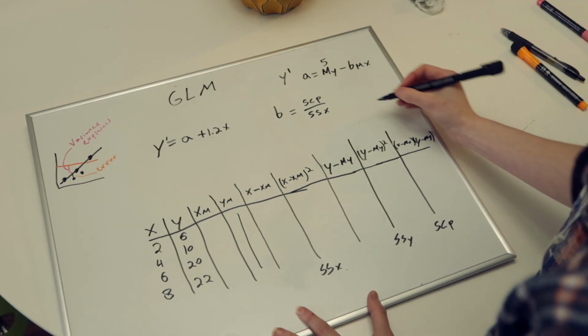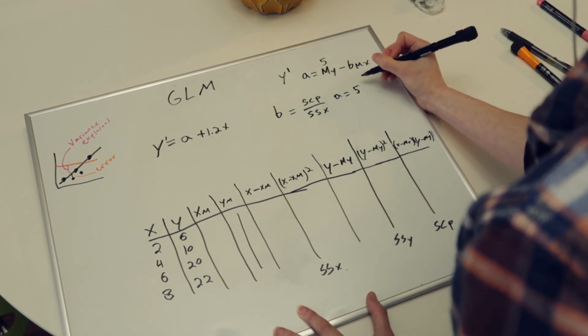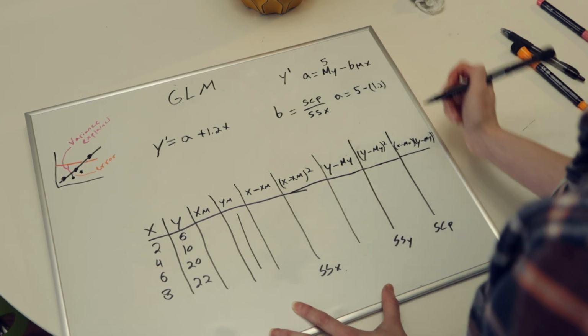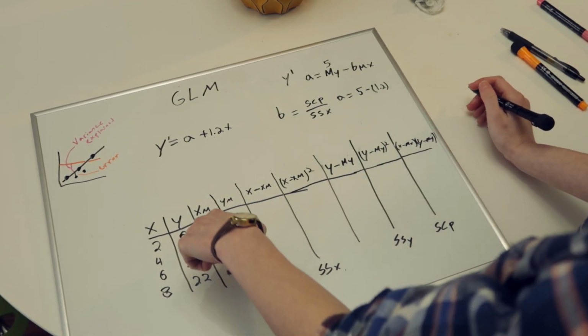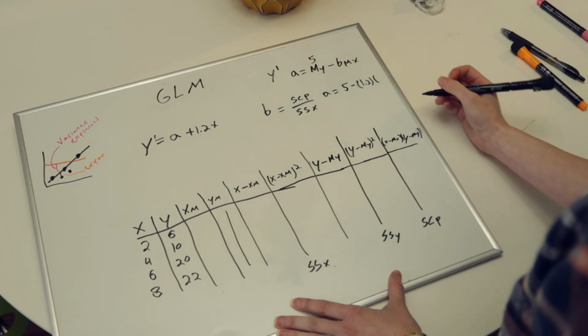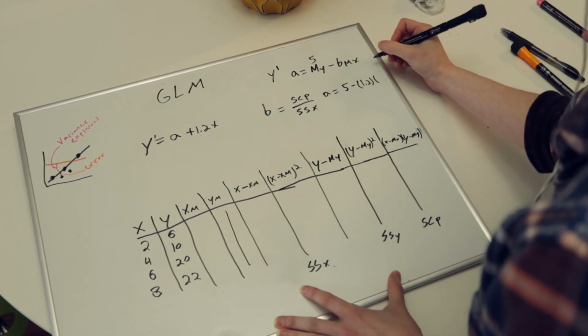A is the intercept. So then that would equal, A is equal to 5 minus 1.2 times whatever our x's mean was. Say it was, I don't know, 6.